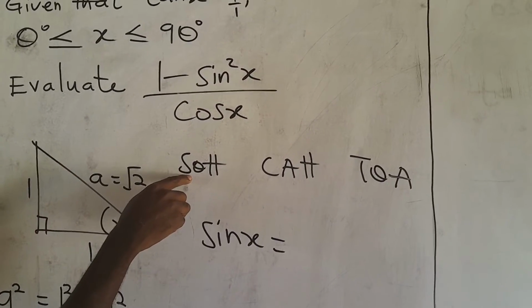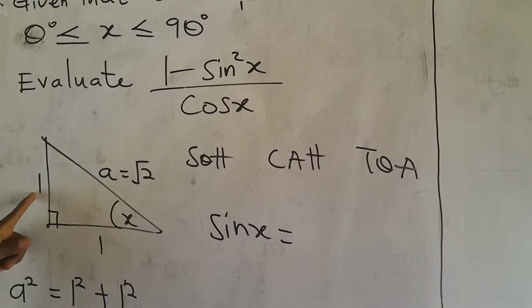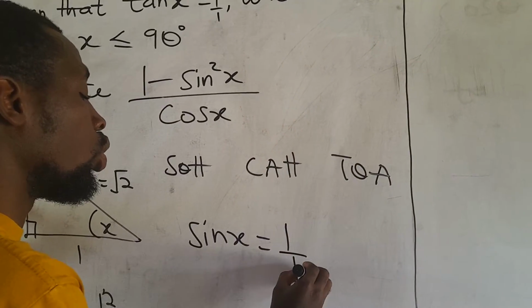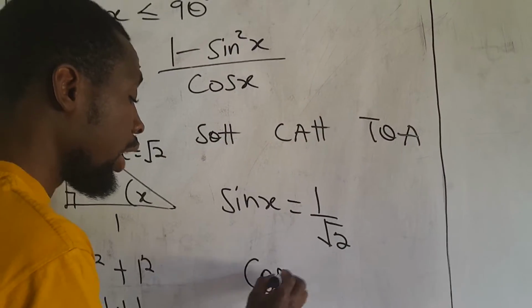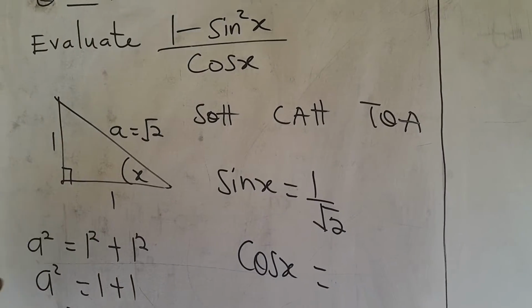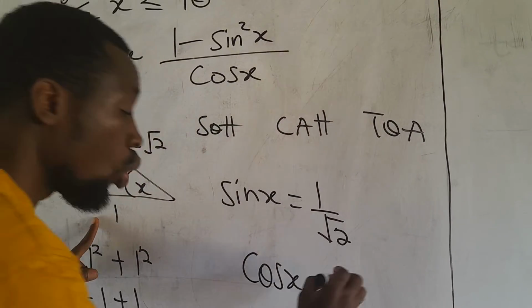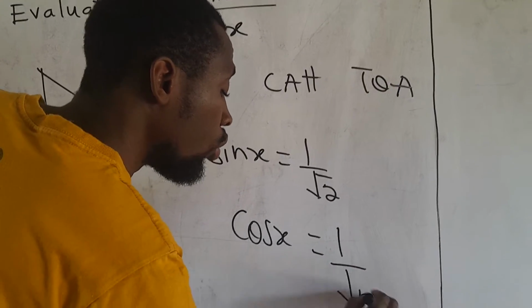Our sine x will be opposite over hypotenuse. Our opposite is 1. Our hypotenuse is root 2. Only the positive aspect. Then our cos x will be equal to adjacent over hypotenuse. What's our adjacent? It is 1. And our hypotenuse is still root 2.